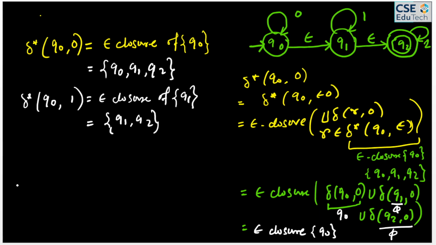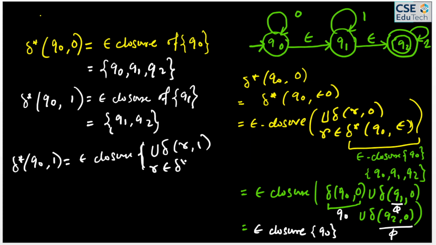How do we construct this? Again, we can do this. Look, delta star Q naught 1 is equal to epsilon closure of union delta r comma 1, r belongs to delta star Q naught epsilon, because we can consider that there is an epsilon here.